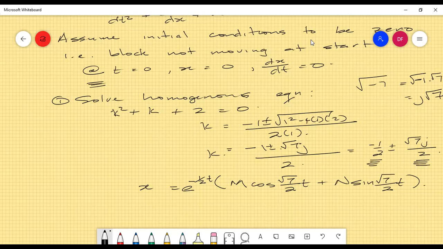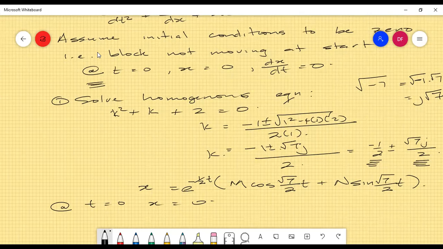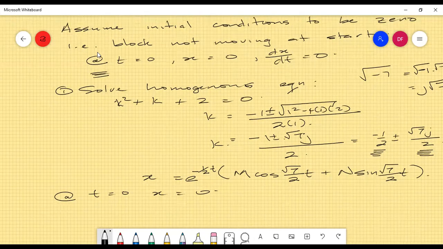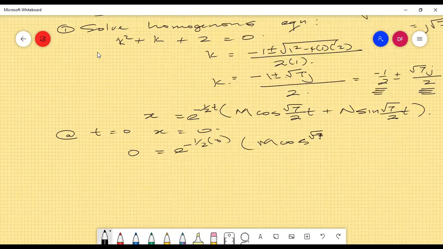So now, at t equals 0, x is equal to 0. So we can plug in 0 for t and x and see what we get. We get 0 is equal to e to the minus a half times 0, times m cos root 7 over 2 times 0 plus n sine root 7 over 2 times 0.